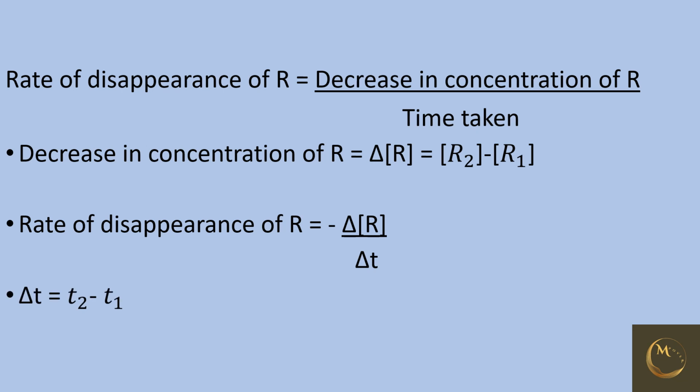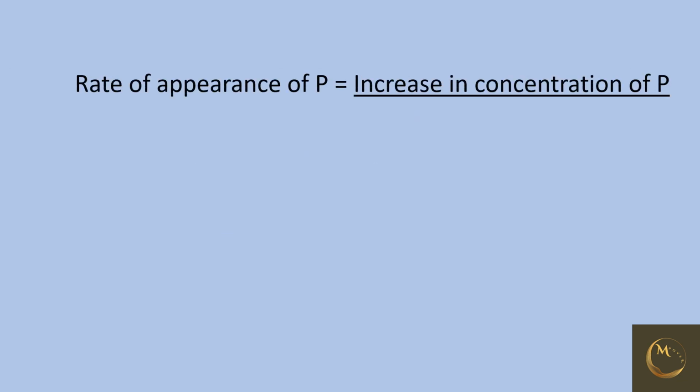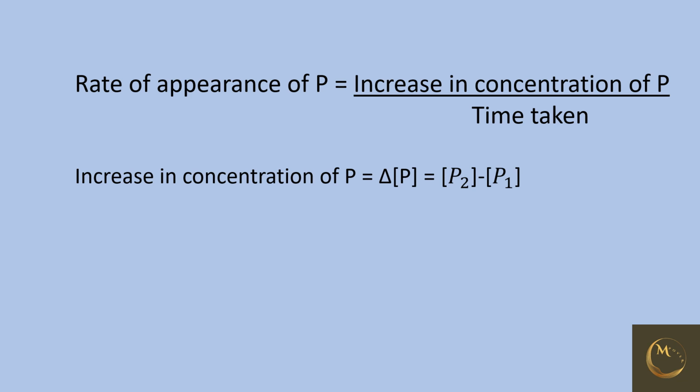Similarly, we can write the rate of appearance of the product P. What is that equal to? Increase in the concentration of P divided by time taken. Now let us see what is the increase in concentration of P, just like we did decrease in concentration of R. Delta [P] equals [P2] minus [P1] and delta t is as usual t2 minus t1.